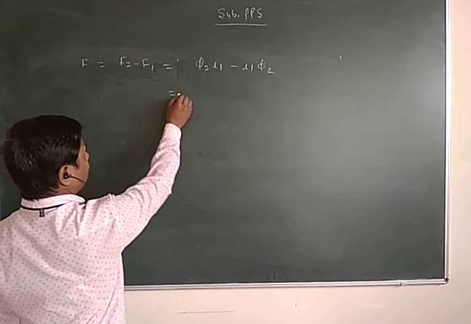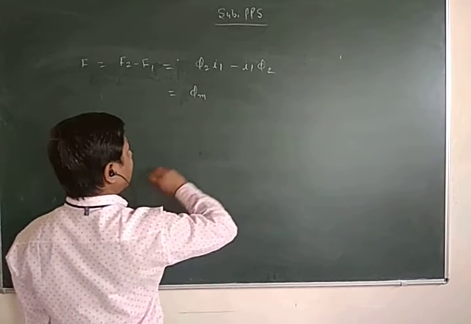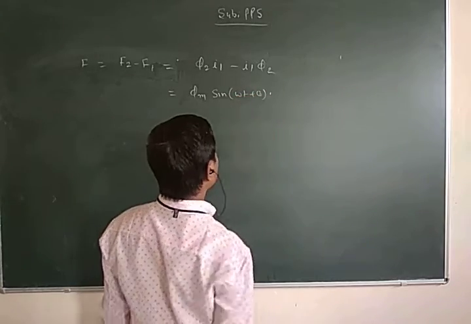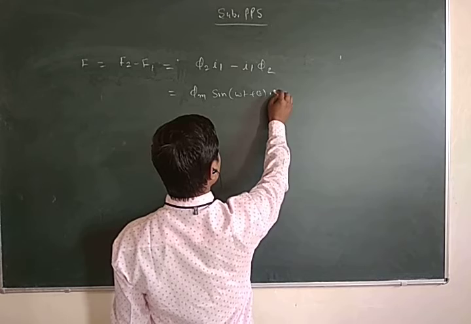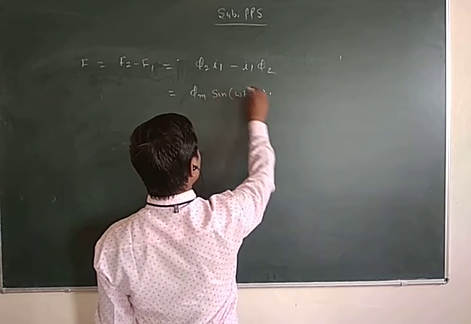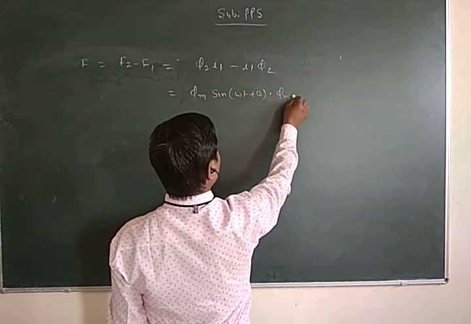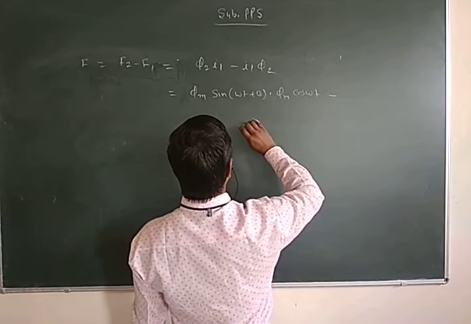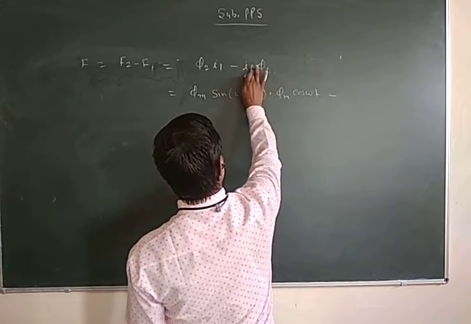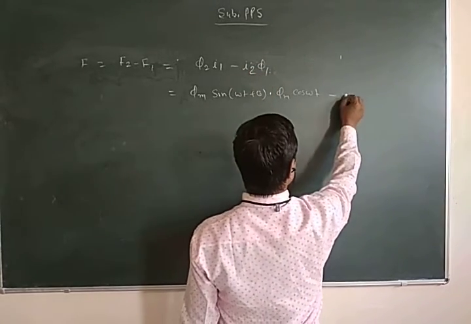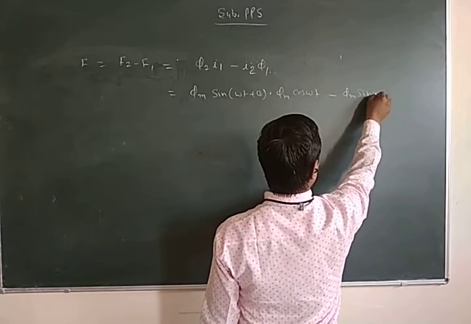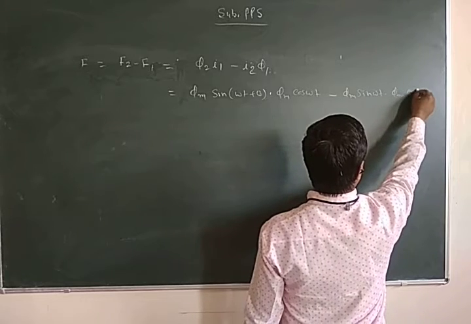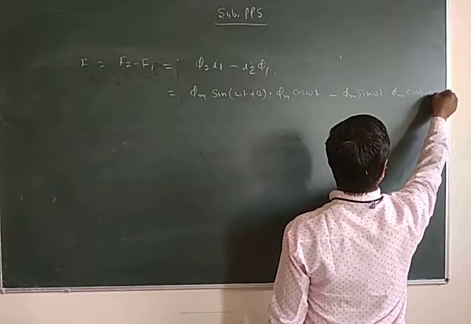So Phi2 is equal to Phi m sin(omega t plus theta), and I1 is Im cos omega t, minus Phi1 I2, where Phi1 is Phi m sin omega t and I2 is Im cos(omega t plus theta).